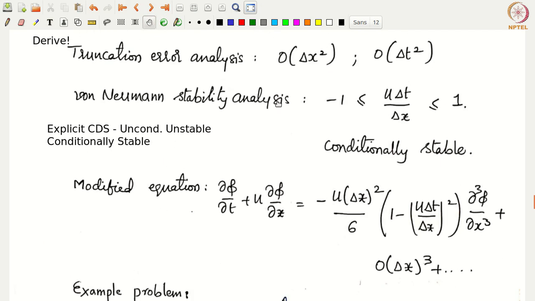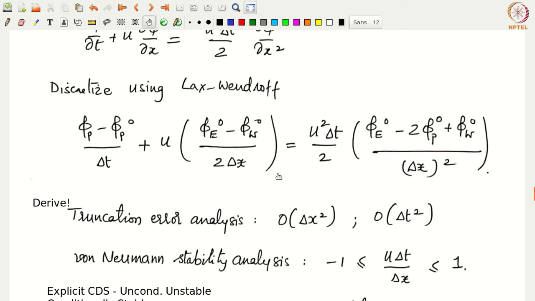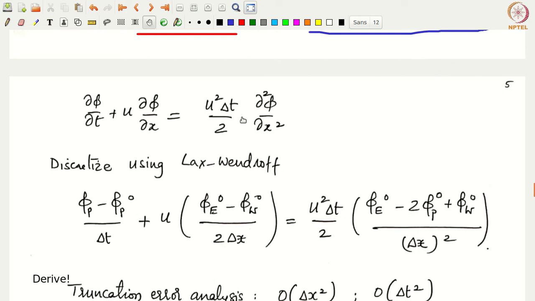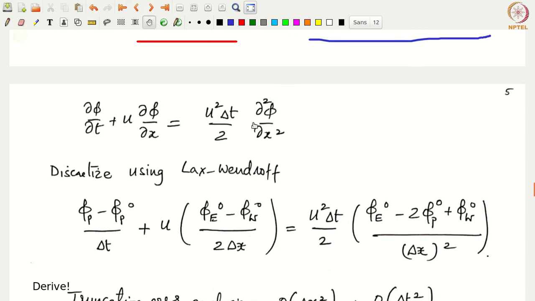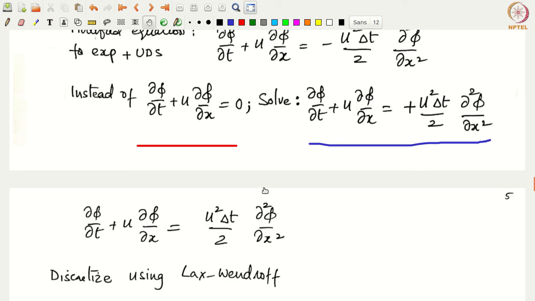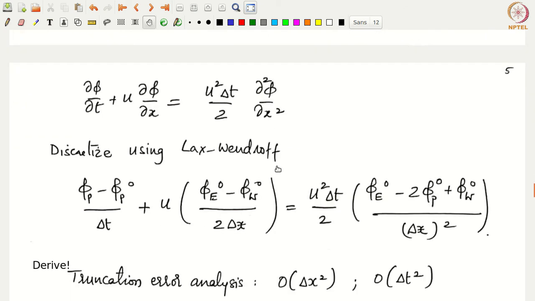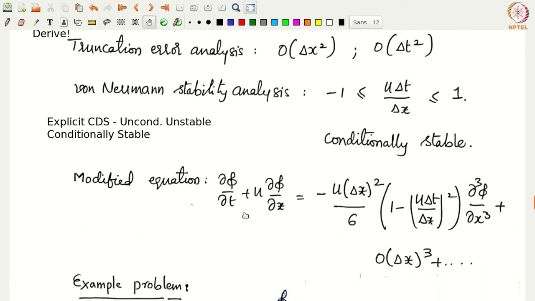All right, now we can look at the modified equation for the Lax-Wendroff method. That means we are looking at the modified equation for this, which of course will not have this particular term, because this gets cancelled with whatever term you usually get, and you get now a third order derivative. So the modified equation would read partial phi partial t plus u partial phi partial x equals some number times partial cube phi by partial x cube.